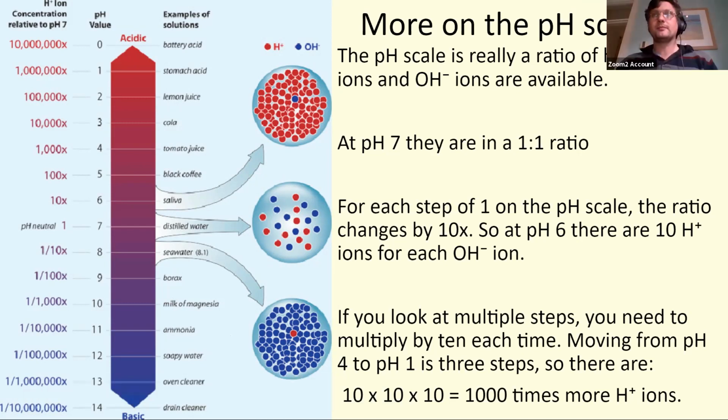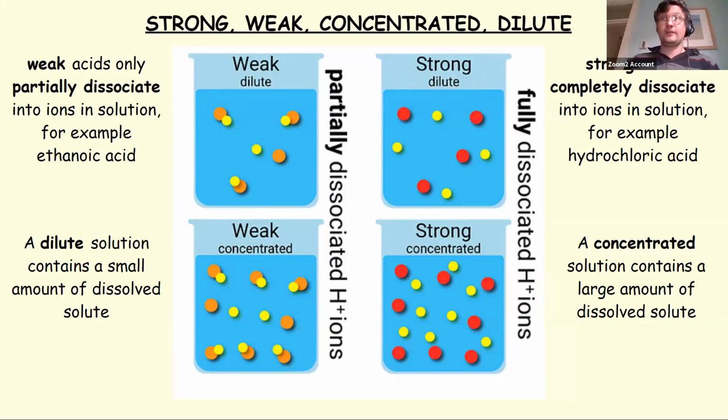Okay, no problem. Let's start with the dissociate. Remember we talked about acids and alkalis forming H plus and OH minus ions when they dissolve in water. You can get a lump of citric acid and it's not actually very dangerous as a solid piece. It's when you put it in water that the hydrogen ions separate from the citrate, which is the other bit of citric acid, and then they become ready and available to react.